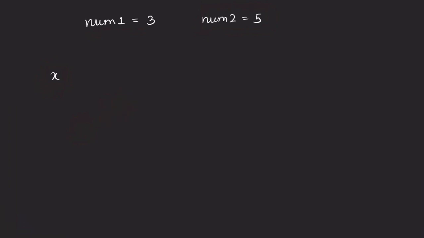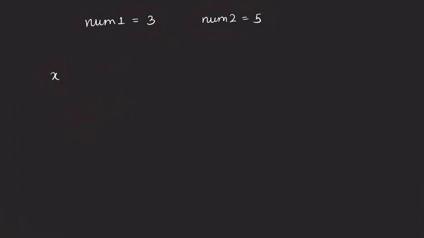Whatever the number of set bits in num2, x should also have the same number of set bits. Then when we do x XOR num1, whatever number we get should be as minimum as possible. So we need to find such an x, and return it as our answer.